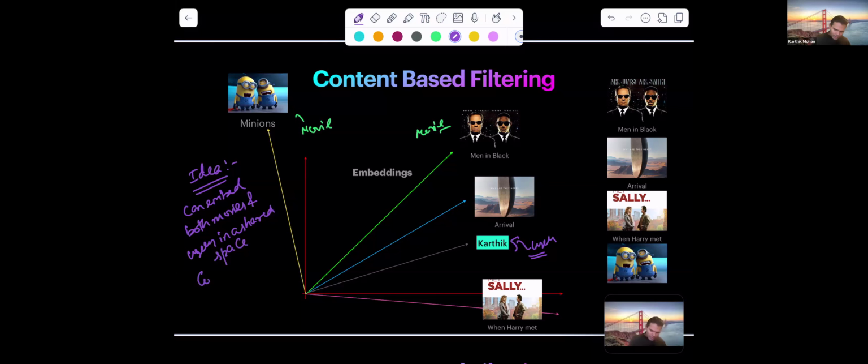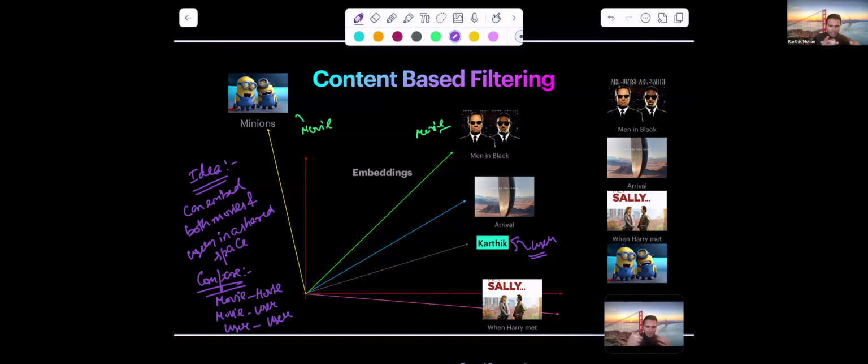So then you can compare movie to movie, you can compare movie to user, you can also compare user to user. Make sense?